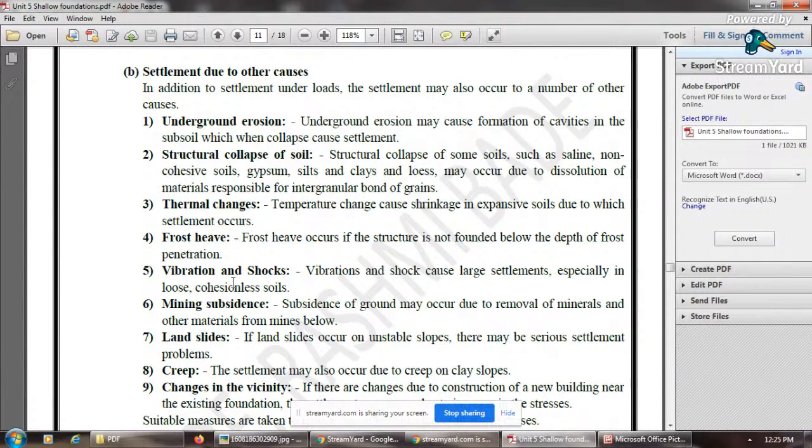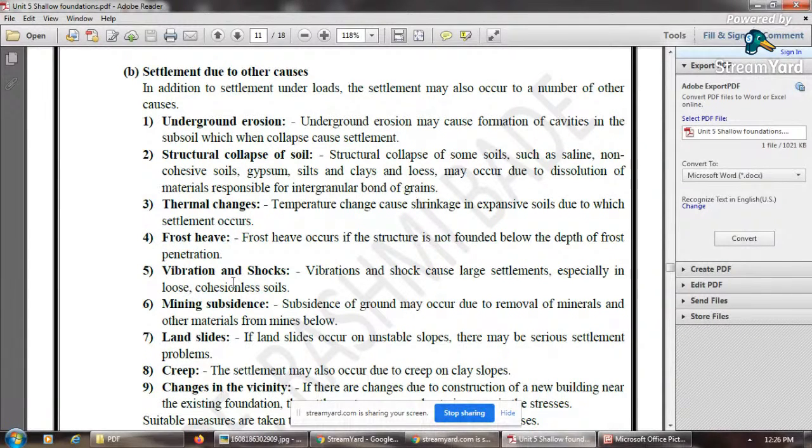Next is your structural collapse of soil. Structural collapse of some soils such as saline, non-cohesive soil, gypsum, silts and clays and loess may occur due to dissolution of materials responsible for intergranular bonds of grains. In the mentioned soils, when water is added or removed, the grains of the soil contract and expand. When this happens, there will be the collapse, the breakage of the soil.